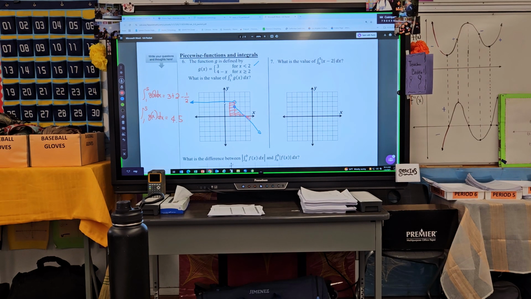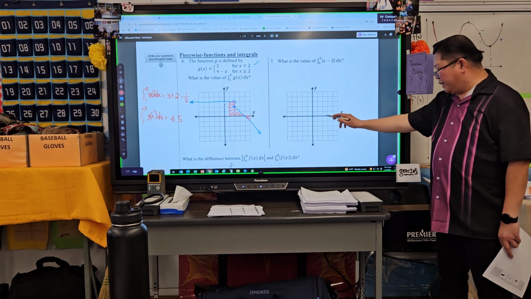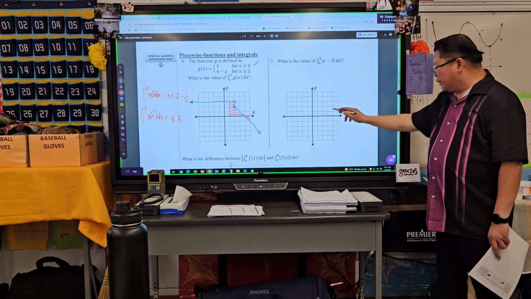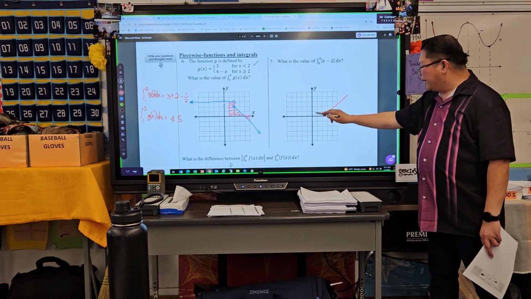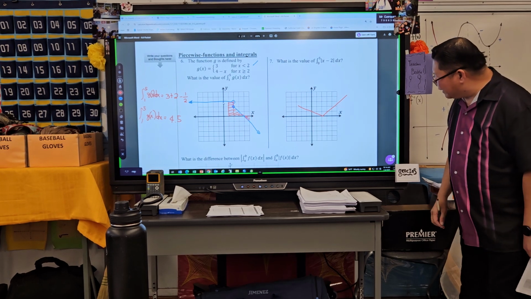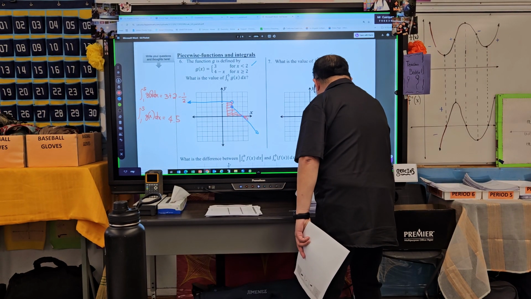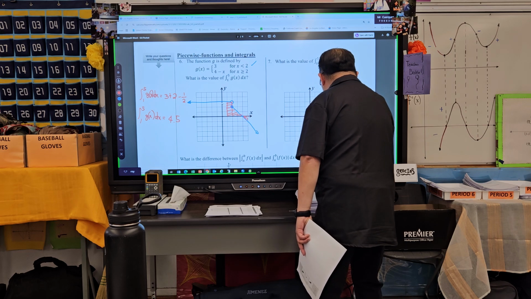So this slides to the right 2 units. So this is the vertex right here, so it goes that way. Am I right, guys? But this is not drawn perfectly.